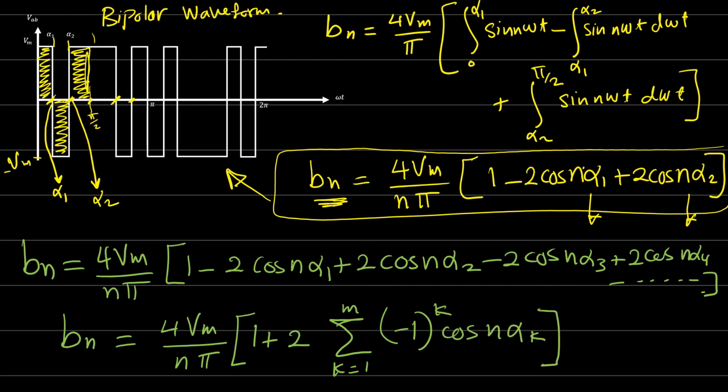And this is of course for odd n, and alpha k from 0 to pi over 2. So we can use this equation and simply chop our waveform at certain angles, at certain phases, and simply we don't include the harmonics from the beginning.